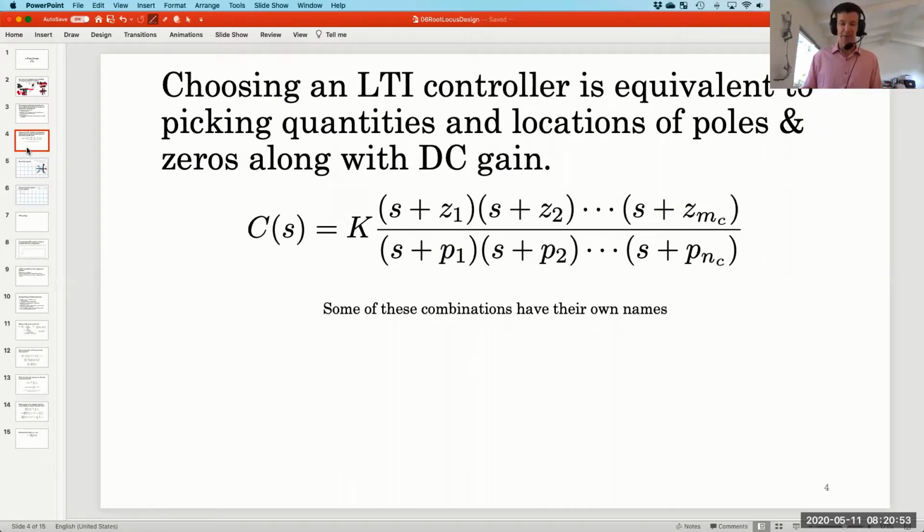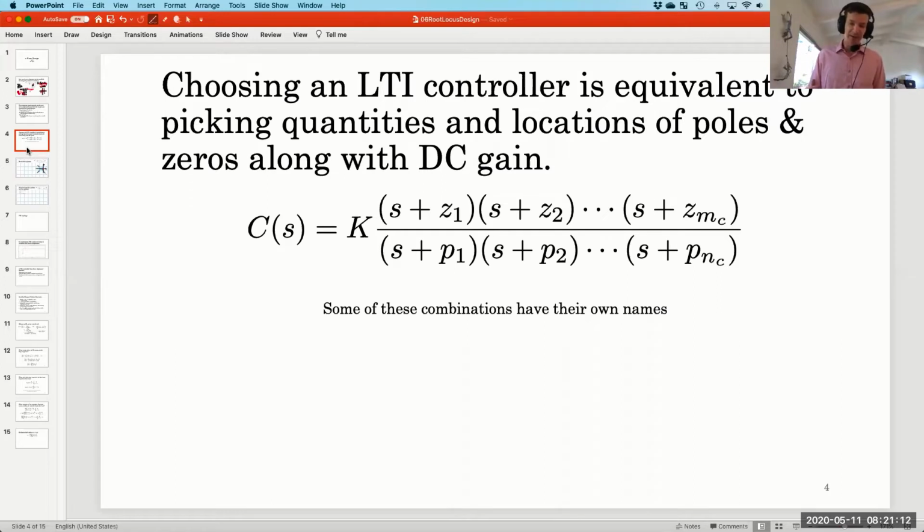But if you're focused on a single feedback loop with the controller acting on the error signal right after the summing junction, then choosing what kind of controller to use really comes down to, at first glance, how many poles do you want, how many zeros do you want, and what should the gain be? And then where should those poles and zeros go?